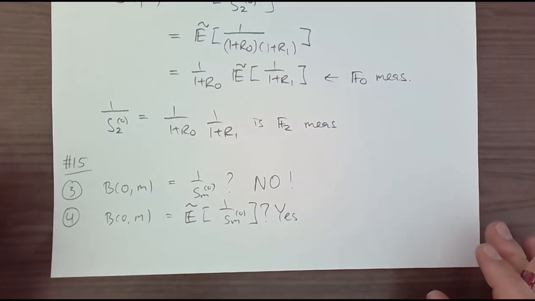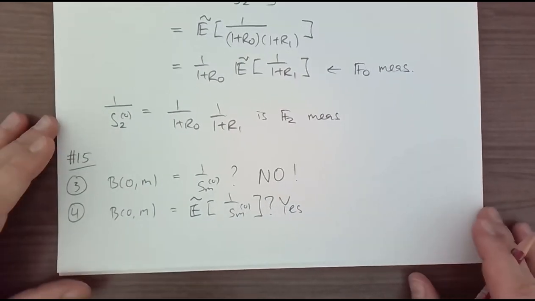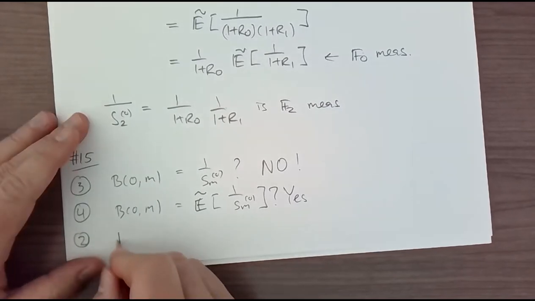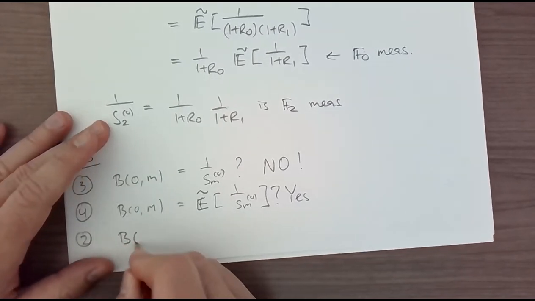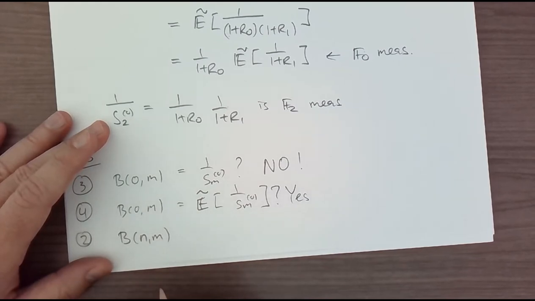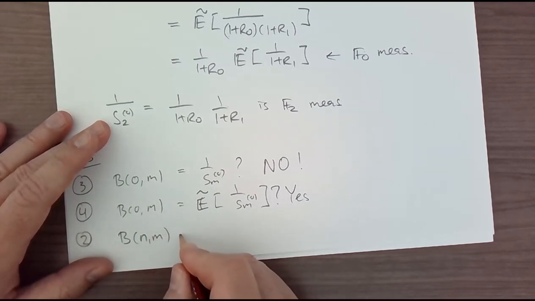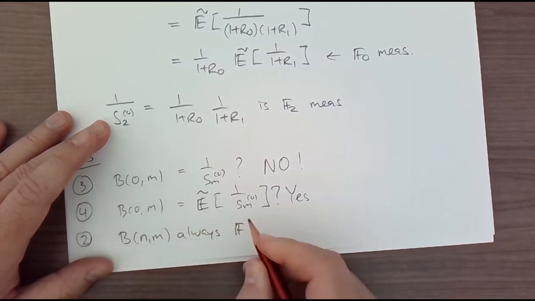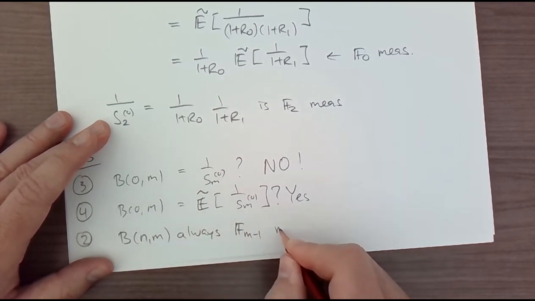Then there were more, right? So now there are trickier questions in there too. What about question number 2? Is BNM always F_{M-1} measurable?